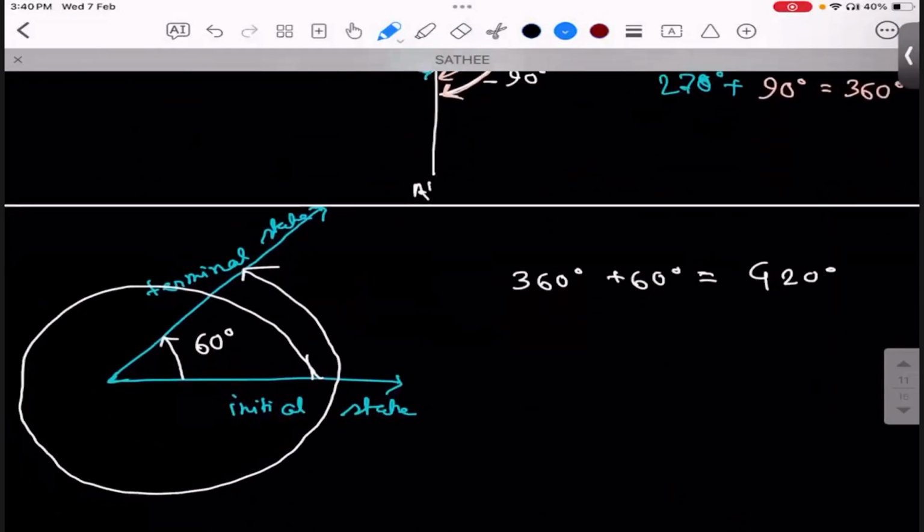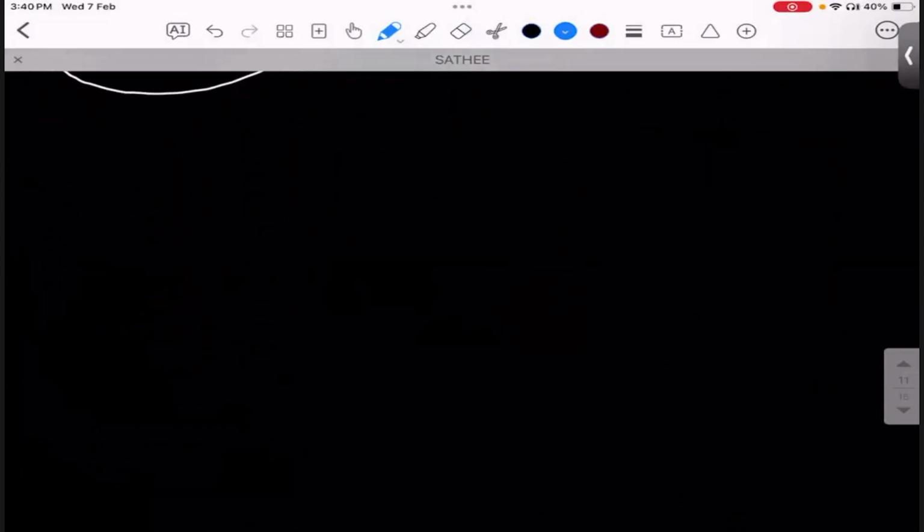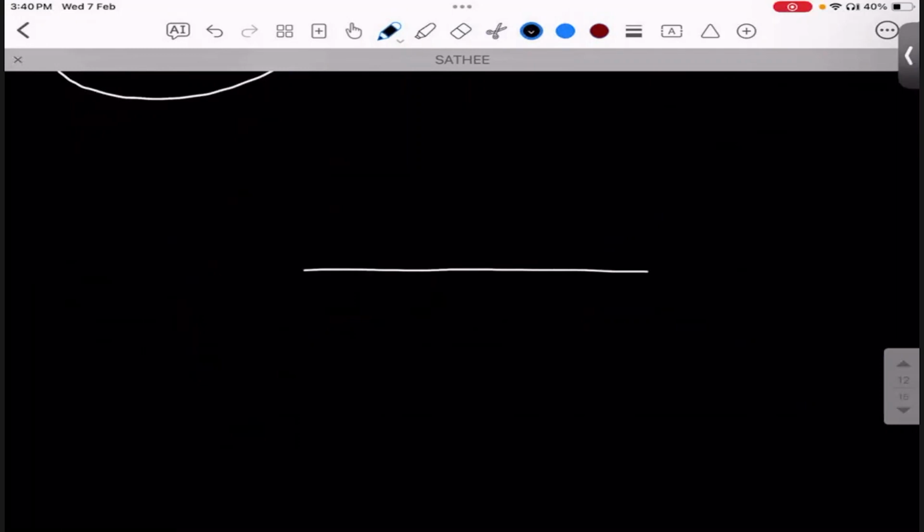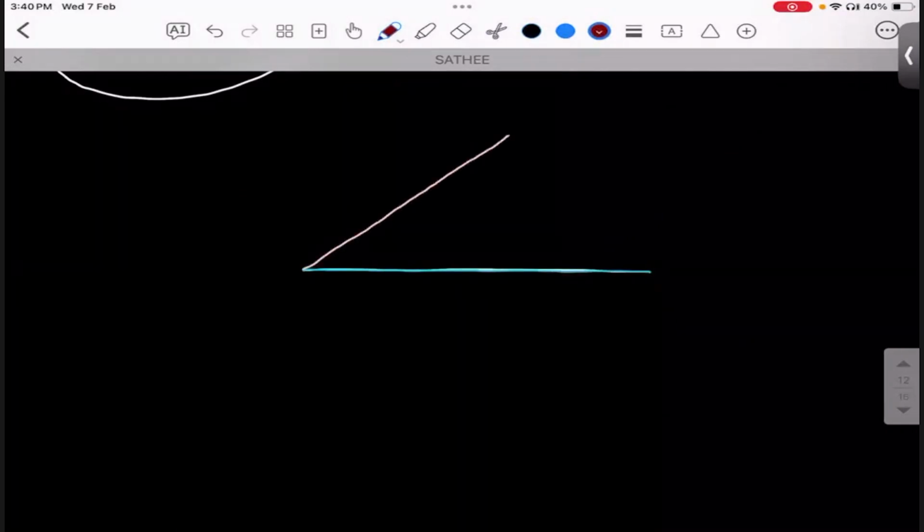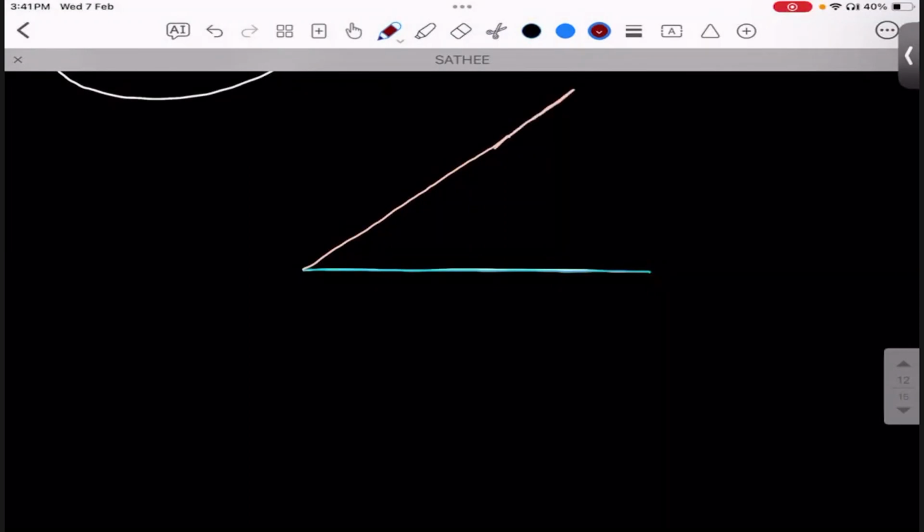Okay. Now, how can I measure an angle with the help of radian measure? Radian measure is a very important thing. Suppose this is our initial state, and this is your terminal state.